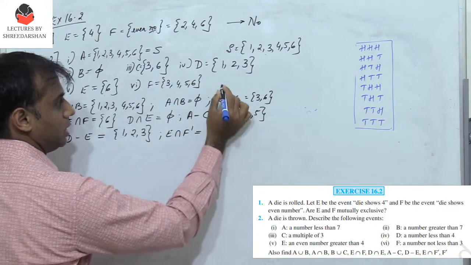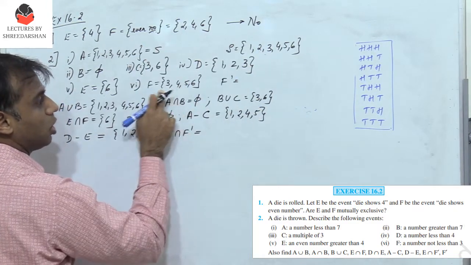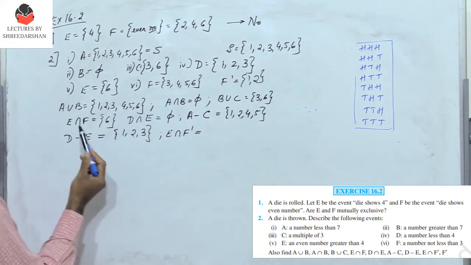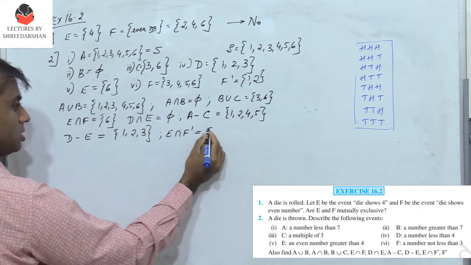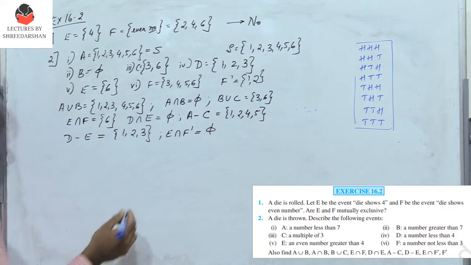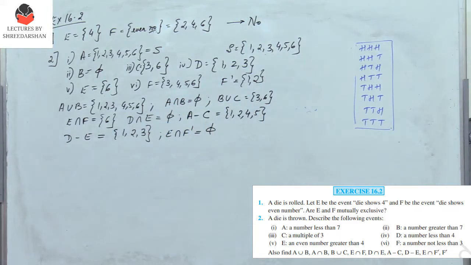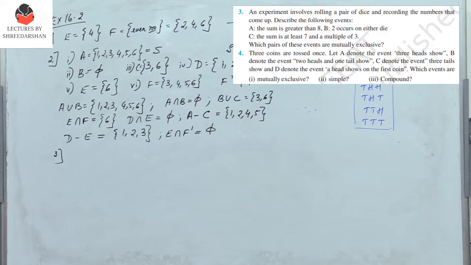F dash would be all the elements present in the sample space but not present in F. So that is going to be 1 and 2. So find what is common between E and F dash. There is nothing common, so it is a null set. Right? So F dash is 1, 2. So this was a pretty easy problem. The third one, we are rolling a pair of dice.